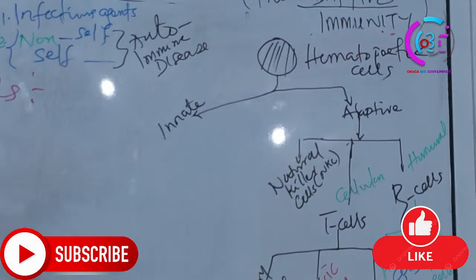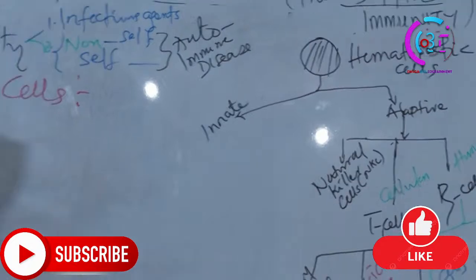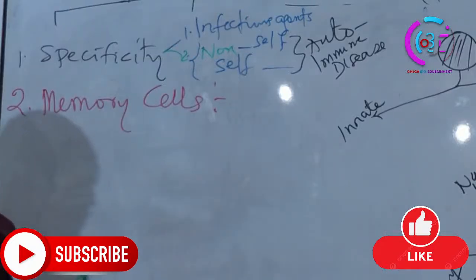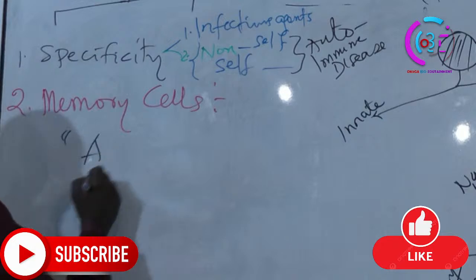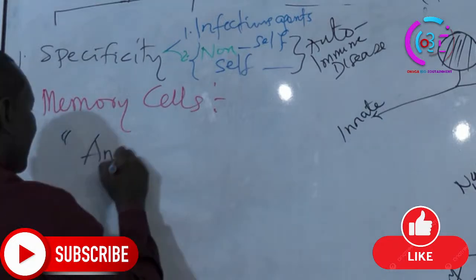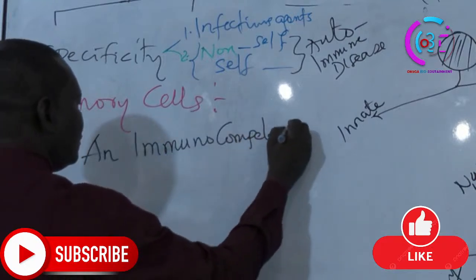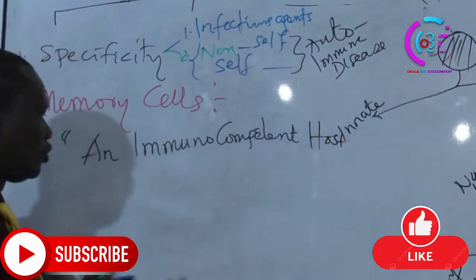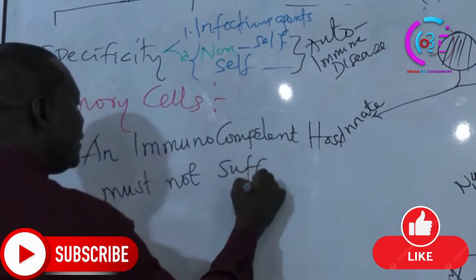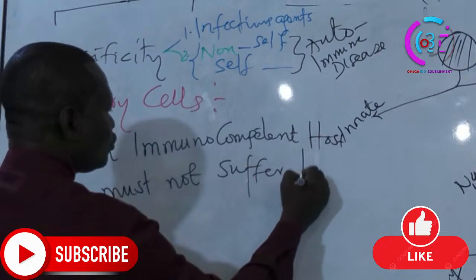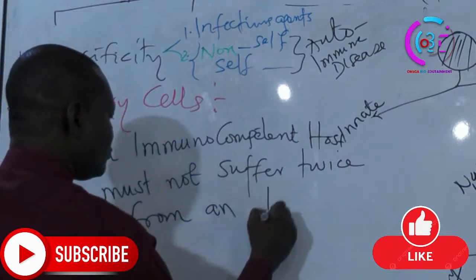You see, this is a long process. And that is the reason why there is a kind of philosophy that will say that an immunocompetent host, any host, must not suffer twice from an infection.